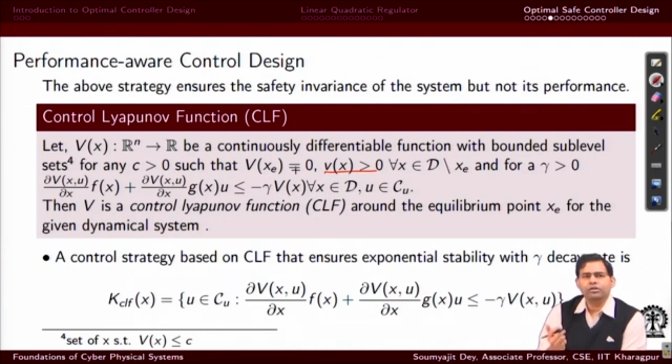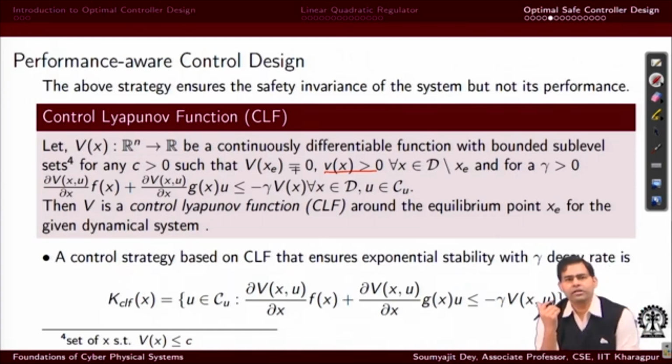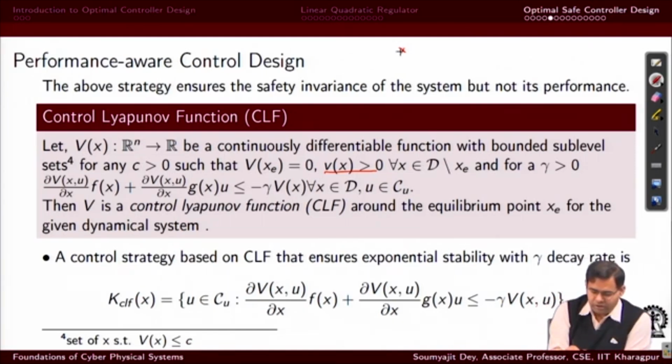But now we are talking about the control system. So, instead of having x dot equal to f(x), we have f(x) plus g(x)u. That means the control input is also there. So, when we take the derivative of the Lyapunov function, dV dt, what you have is del V del x times del x del t.